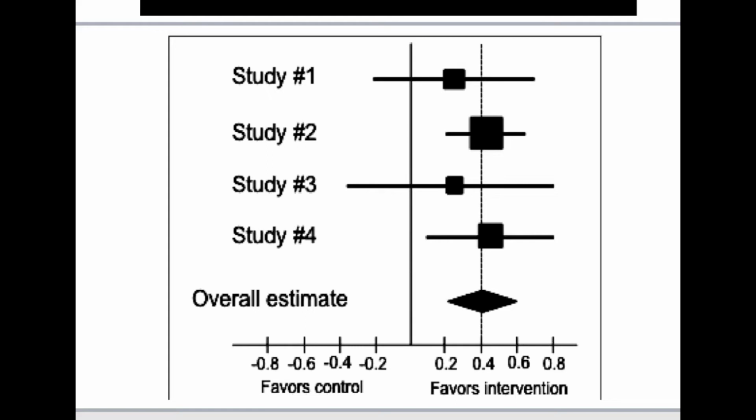There is one remaining thing we need to know about, which is heterogeneity. What is the meaning of heterogeneity? I told you that on the forest plot we represent the results of studies that are similar. I can't compare different studies in one forest plot.